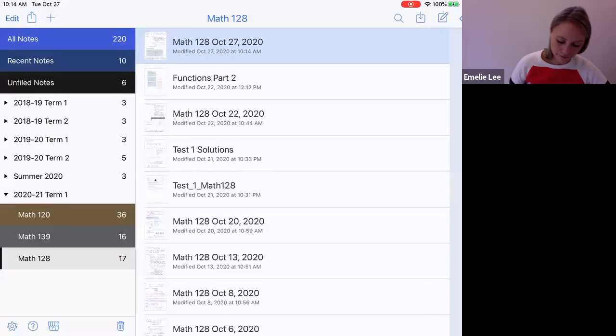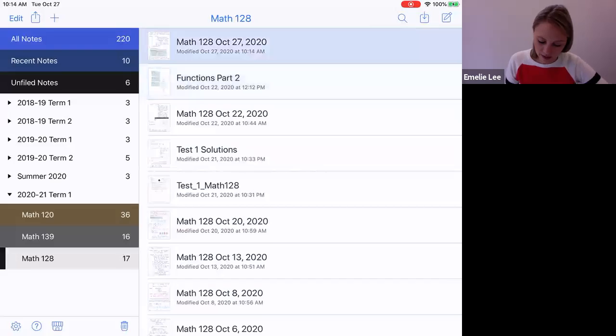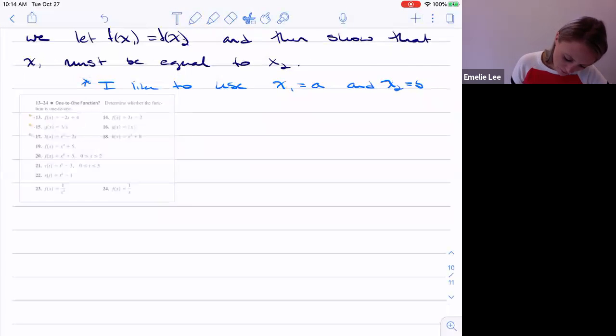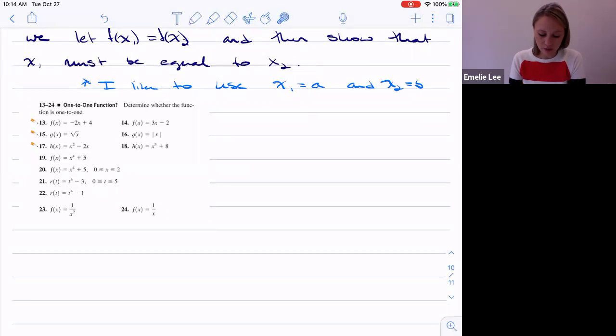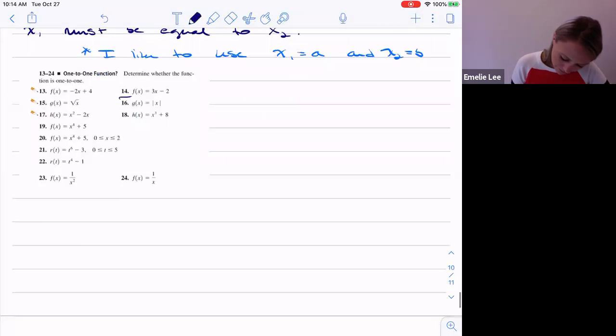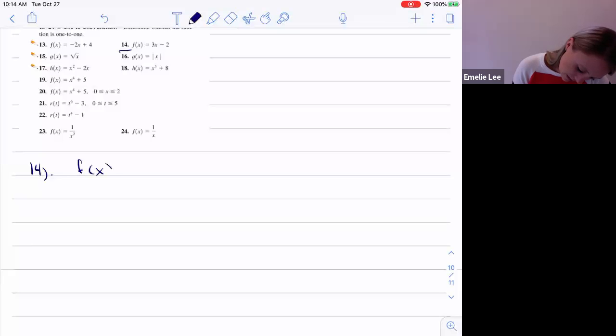So what does this look like? Let's grab some of these here. Determine whether the function is one-to-one. Let's start off nice and easy here. f of x is 3x minus 2.